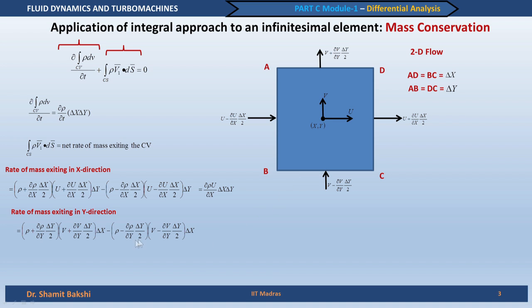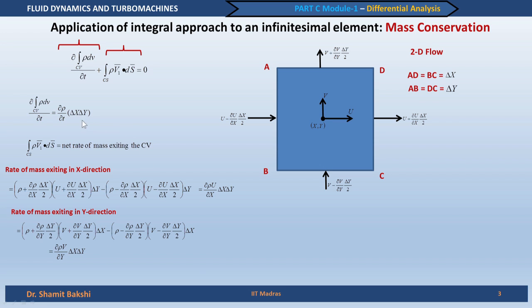So, this expression is the rate of mass entering the control volume in y direction. It comes in through here. Like here, we get a similar expression, del rho v by del y delta x into delta y. So, we have everything now that is required to get the differential equation for mass conservation.